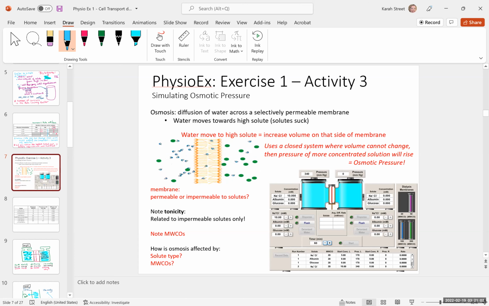Tonicity, I'll remind you, refers to not only the ability for the solute to move or not, but also it referred to the concentration, like hypertonic. That means the outside solution was more concentrated than the inside.